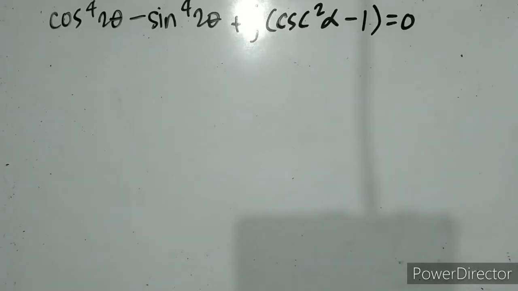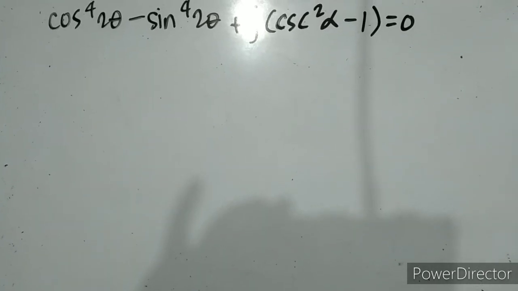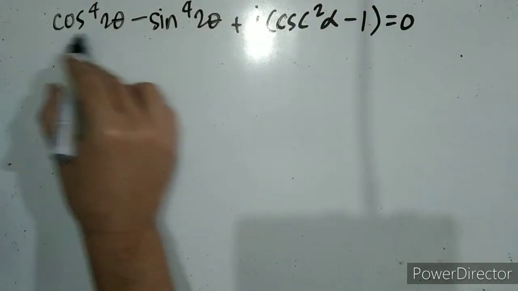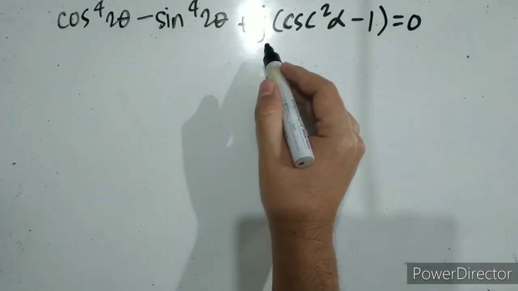Okay, our next problem is cosine 2 theta to the power of 4 minus sine 2 theta to the power of 4 plus j times cosecant squared alpha minus 1 equals 0. So we are to obtain theta and alpha. This is our real part and this is our imaginary part, the one with a j.